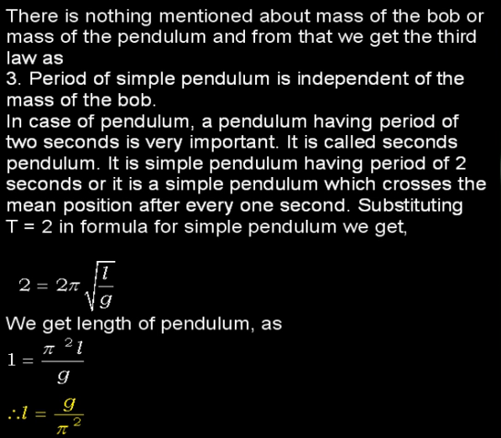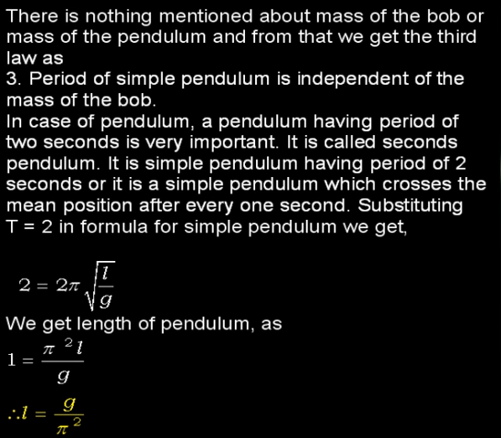In case of pendulum, the pendulum having a period of 2 seconds is very important. It is called seconds pendulum. It is a simple pendulum having period of 2 seconds, or it is a simple pendulum which crosses the mean position after every 1 second.